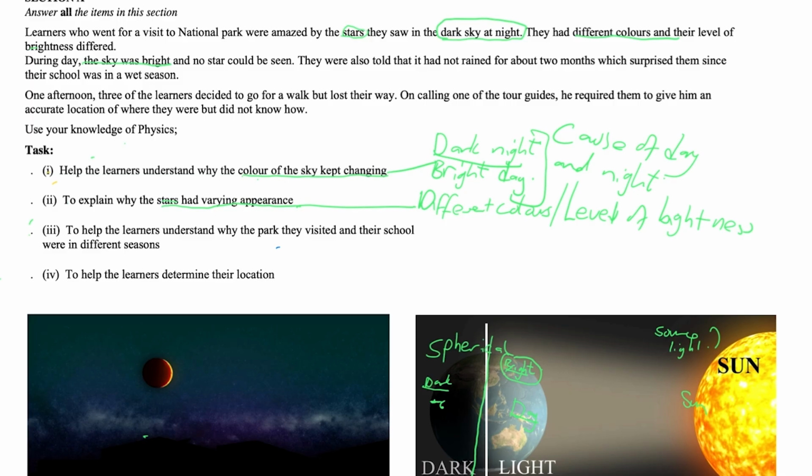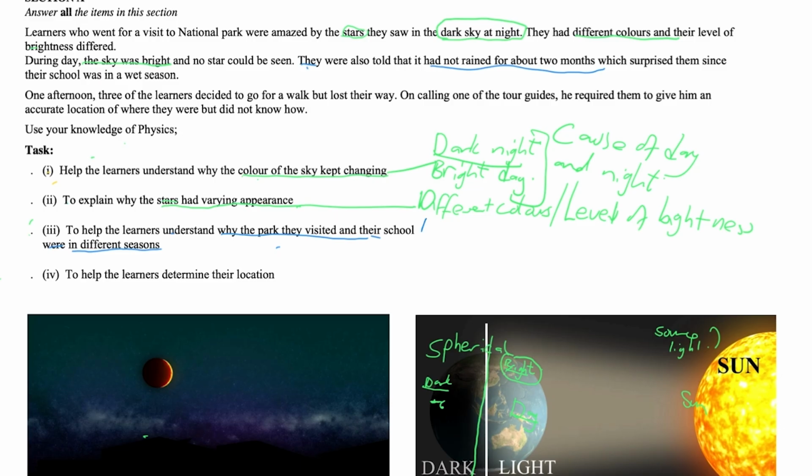Now our next task requires us to help the learners understand why the park they visited and their school were in different seasons. Before we attempt this, let us go back. What are these seasons that they are talking about? They were also told that it had not rained for about 2 months.